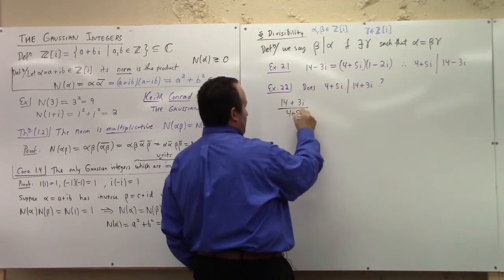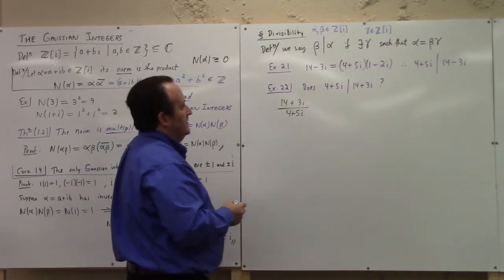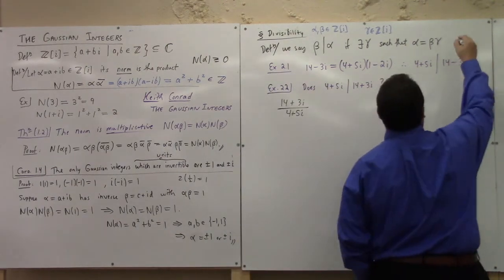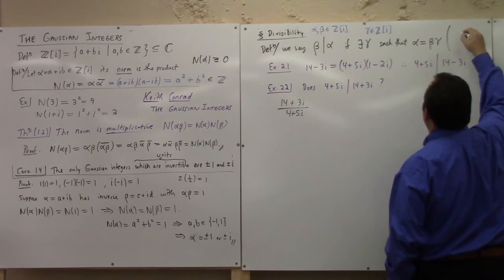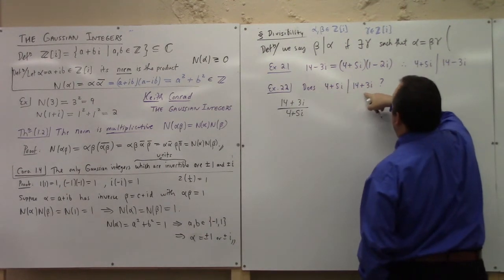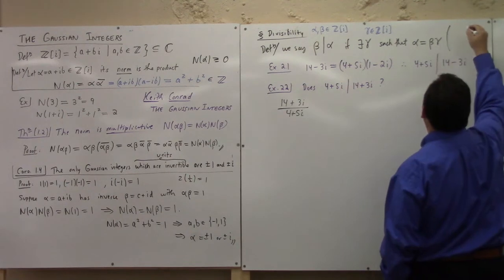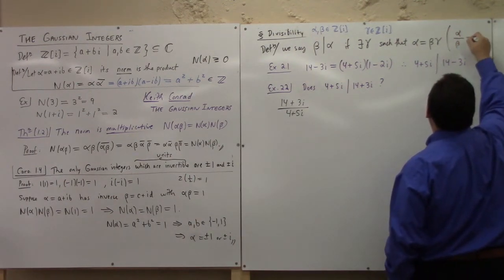These are complex numbers, so we can do this. Alpha is 14 plus 3i, and 4 plus 5i is the beta. So what we're asking is, can we do alpha over beta equals gamma?